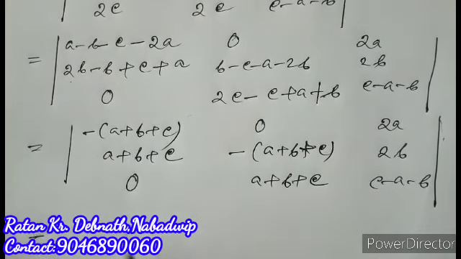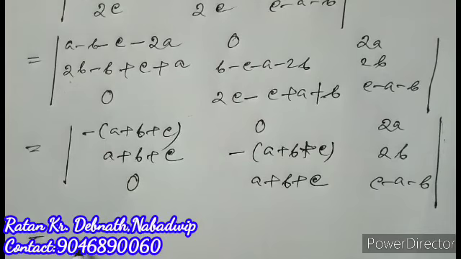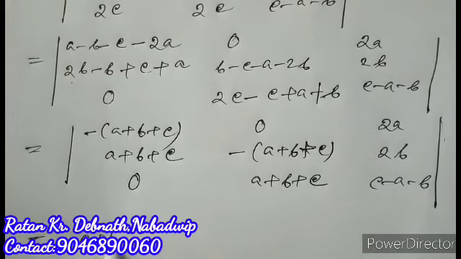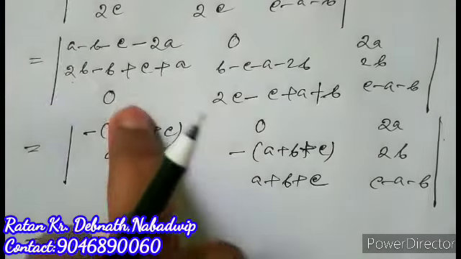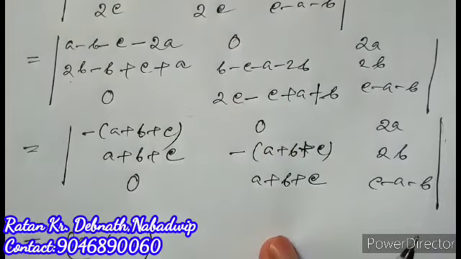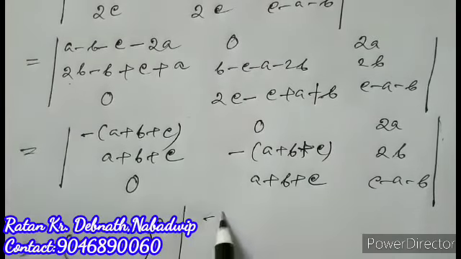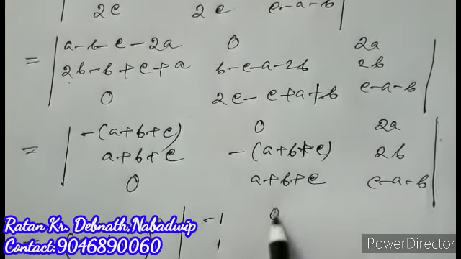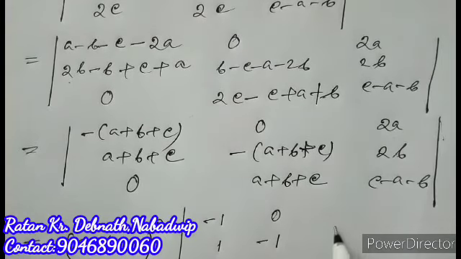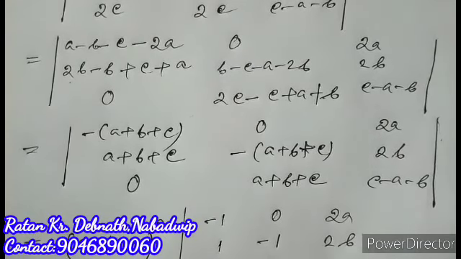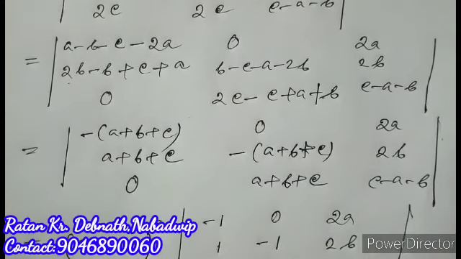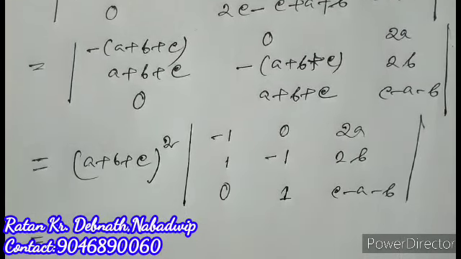Now I am taking common a plus b plus c from the first column and the second column also. So we can write a plus b plus c whole square. Now minus 1, 1, 0, 0, minus 1, 1, and 2a, 2b, c minus a minus b. Now I will expand this determinant to get the final result.